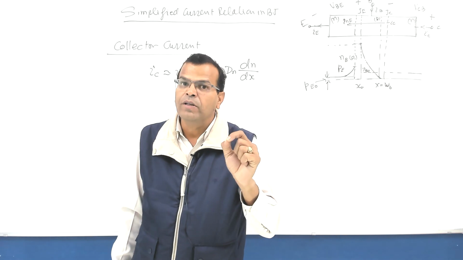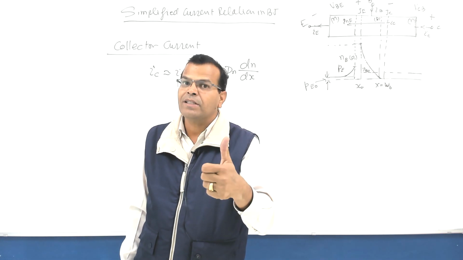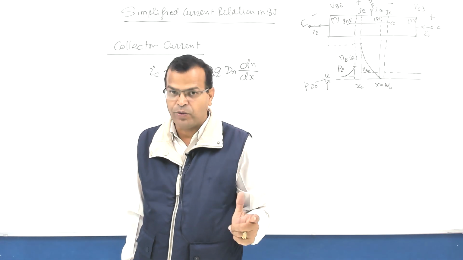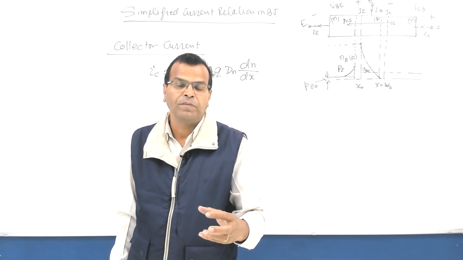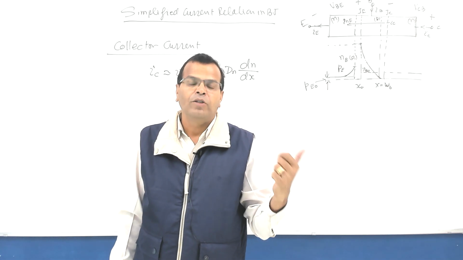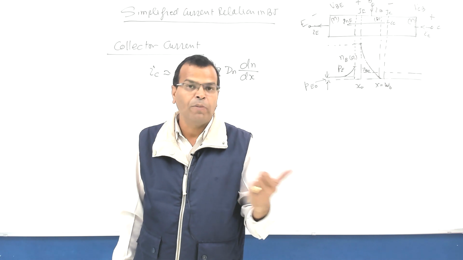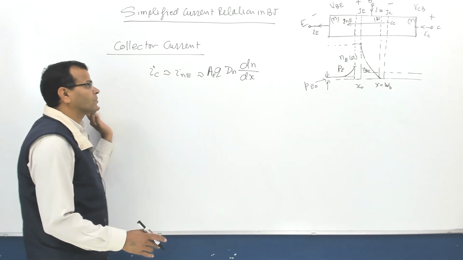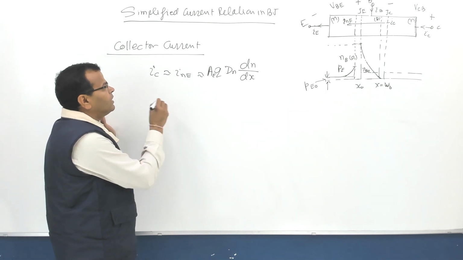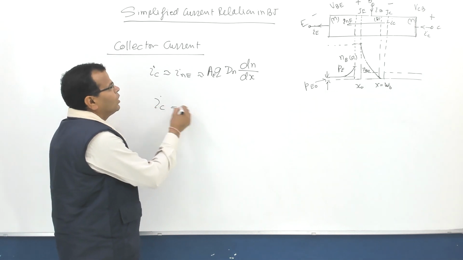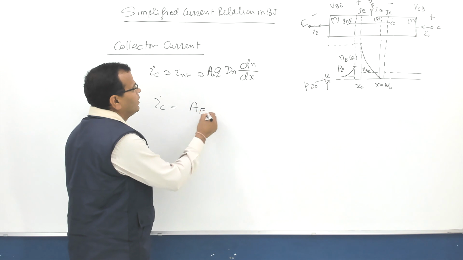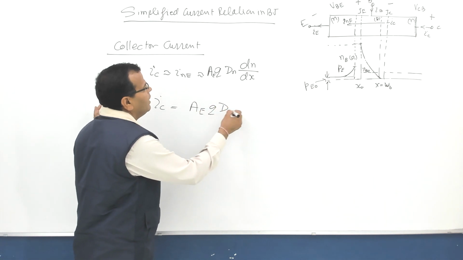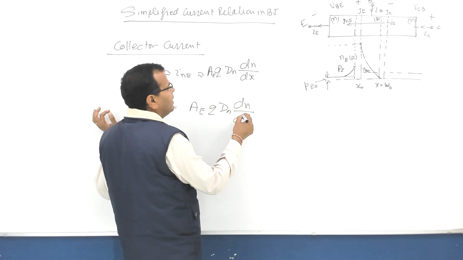This is the derivation of the current which we discussed in case of PN junction diode when we derived the expression. You can just refer my video on PN, the current components of PN junction diode. Fine. So here, if you see, IC is equal to AE Q Dn into dN by dx.